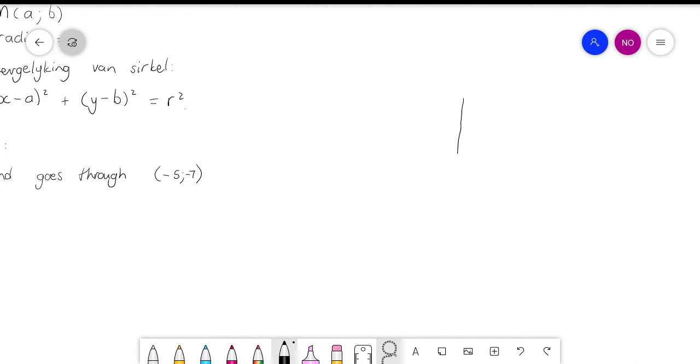Okay, so hulle het nie vir jou hierdie ene so skets gegee nie, maar ek kon net gou vir julle teken wat daai beteken.